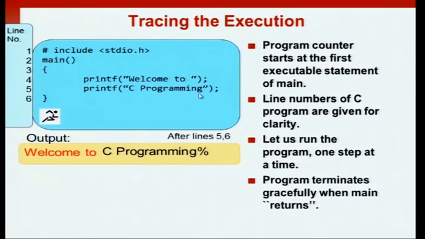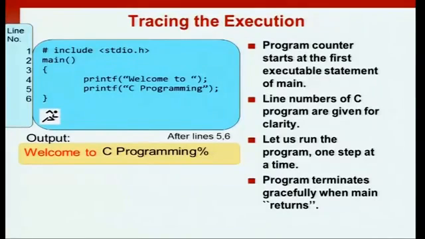So after the next line executes, it will print C programming %. I've given this in two different colors to highlight that one was printed by the first line and the other was printed by the second line. Otherwise the colors have no special meaning. The program terminates when the main finishes execution, and this is what is typically known as returning from the function. Okay. We will see this terminology later in the course.